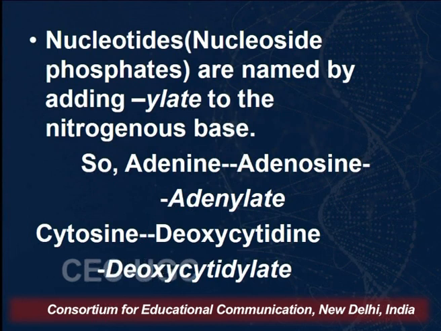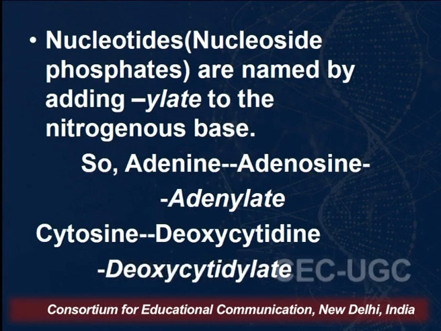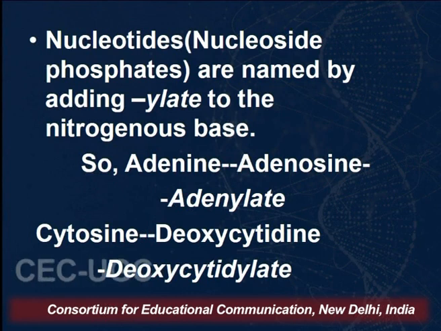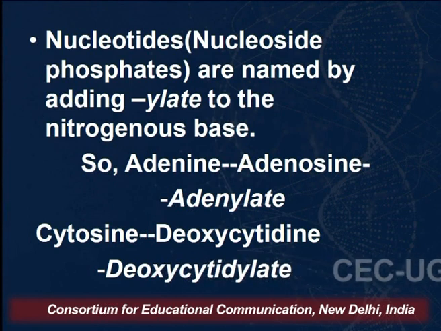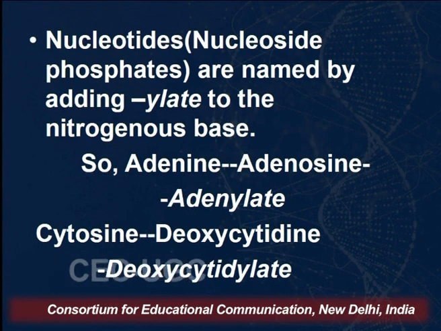In this case, the nucleotide would be named as adenylate. So what we've done here is we've changed the ine into ylate. Similarly, if the base is cytosine and the sugar is deoxyribose, then the nucleoside would be deoxycytidine, and the nucleotide would be deoxycytidylate.